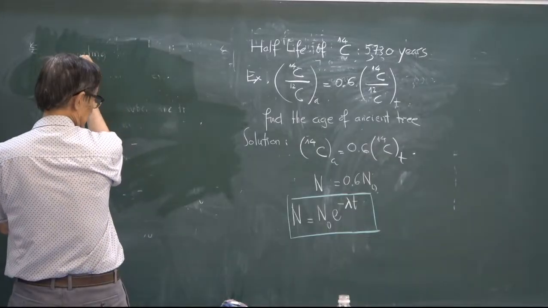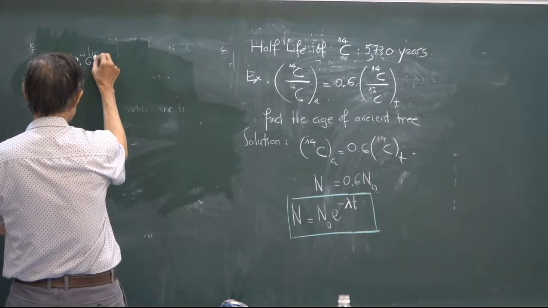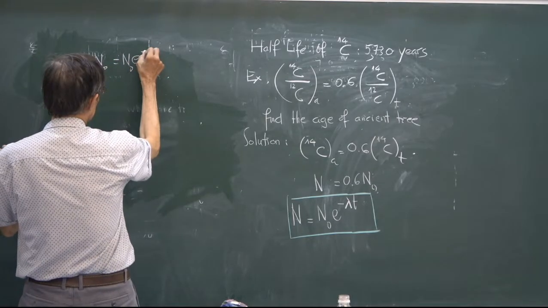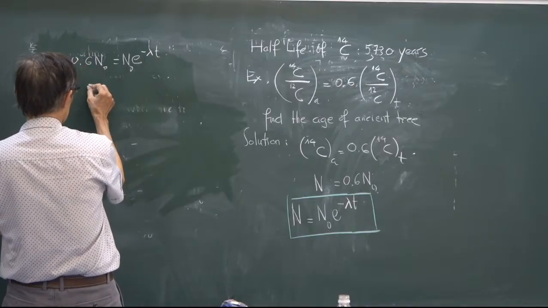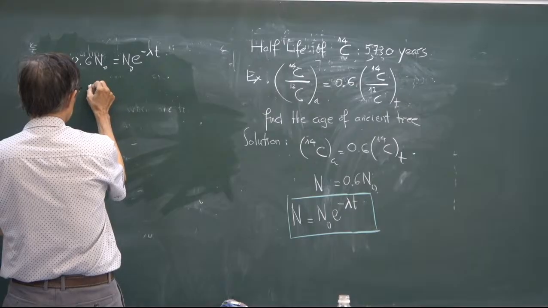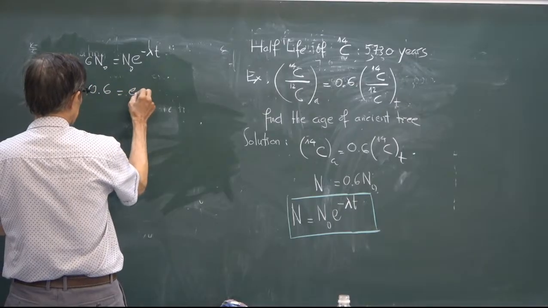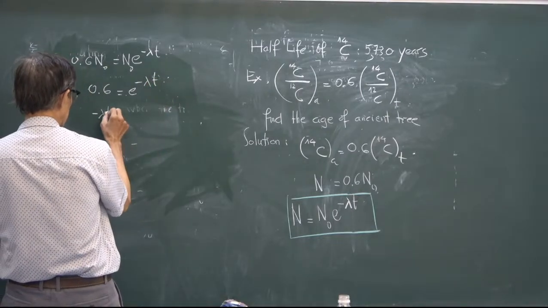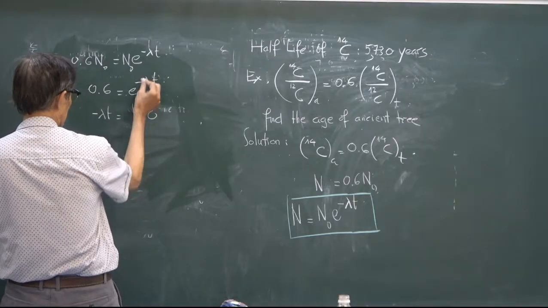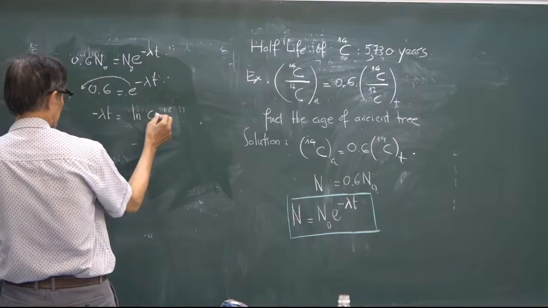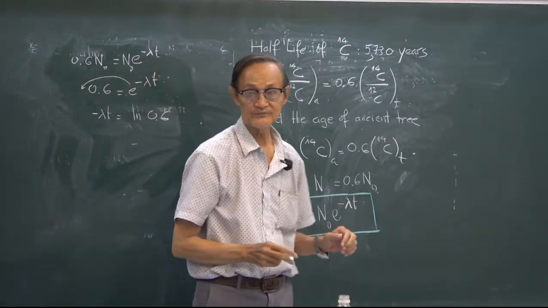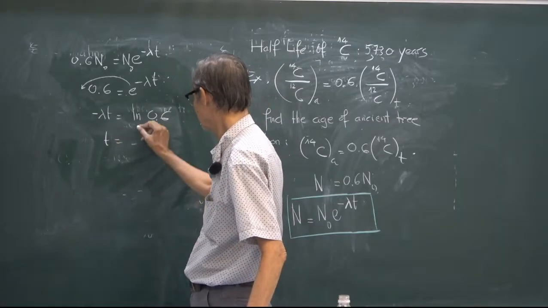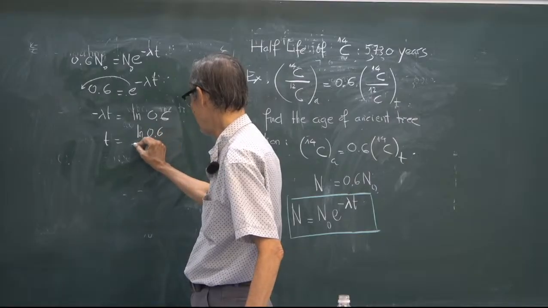Now substitute N equals 0.6 N0: 0.6 equals e power minus lambda T, so minus lambda T is natural log of 0.6, and T equals natural log of 0.6 over minus lambda.